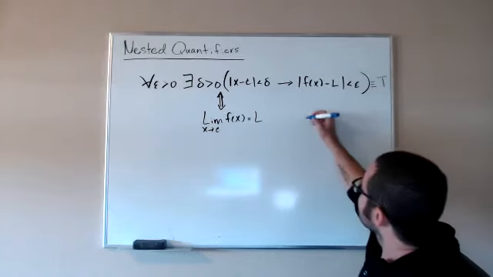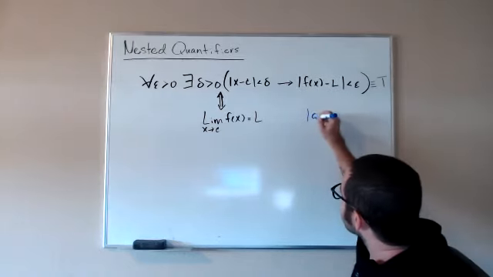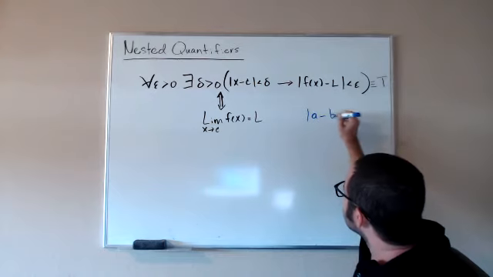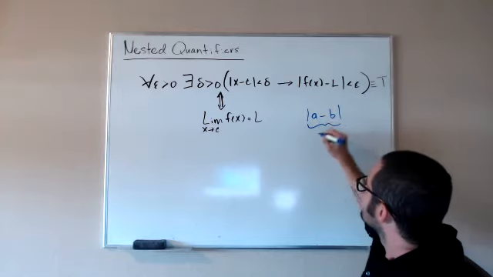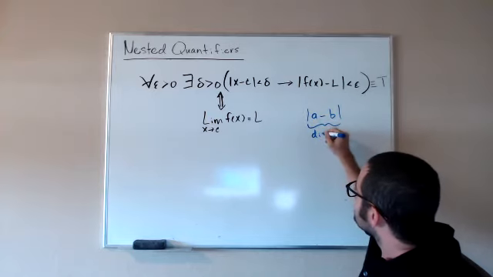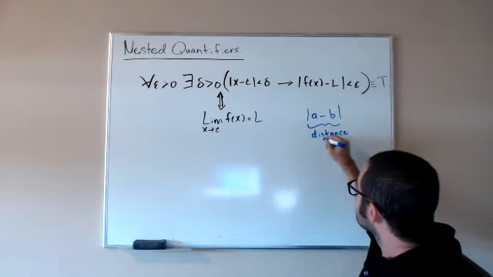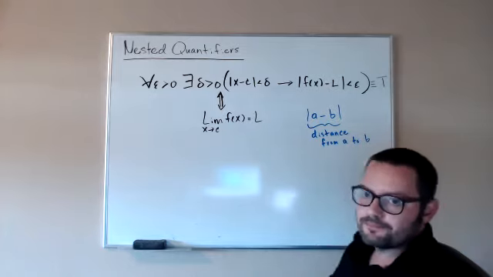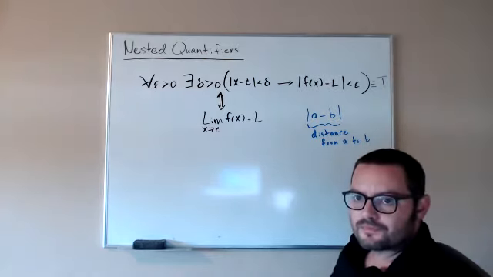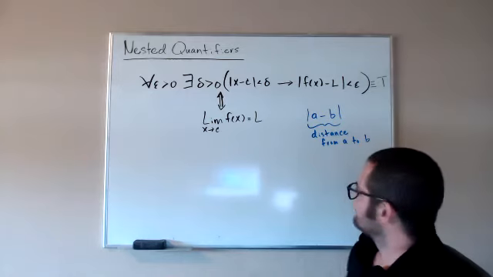Whenever you have the absolute value of the difference of two numbers, this is the distance from A to B. That's what the absolute value is telling me.